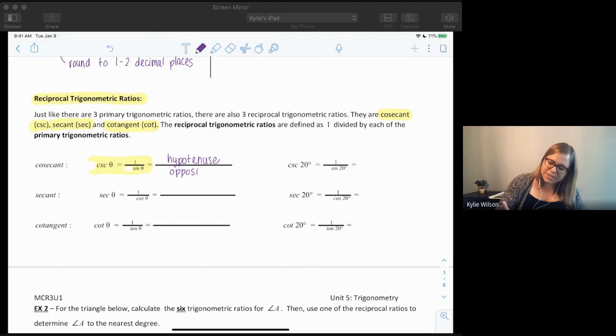So I can actually just flip my fraction of how I find cosecant. For example, if I wanted to find cosecant of 20, I would do 1 divided by sine 20. So in my calculator, I'm just literally going to write 1 divided by sine 20, and I got 2.92.